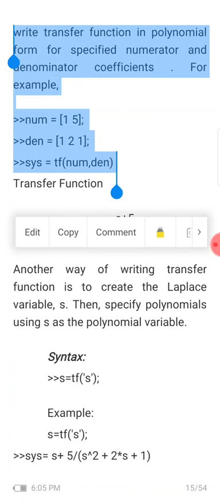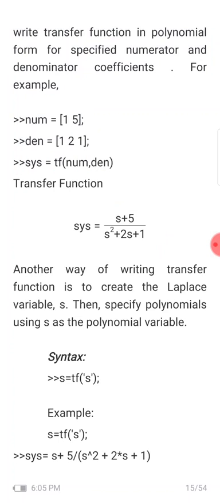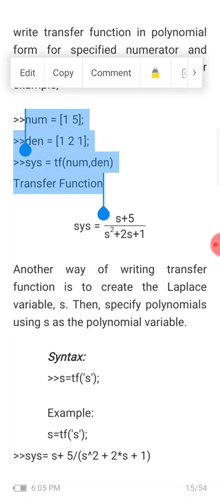Now take one example. NUM, numerator, is equal to [1 5], and denominator polynomial coefficients, let it be equal to [1 2 1]. So these NUM numerator and DEN denominator specify the polynomial coefficients of numerator and denominator.